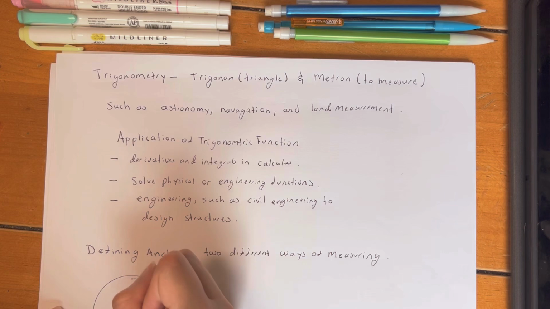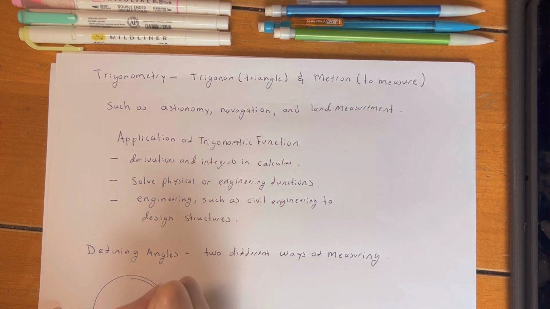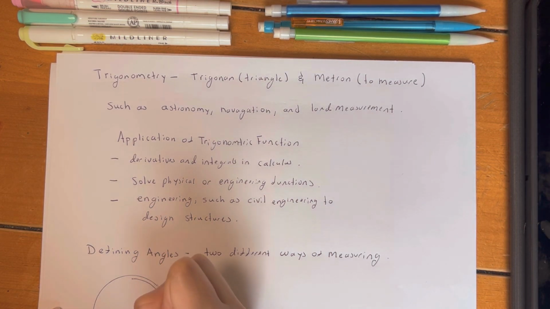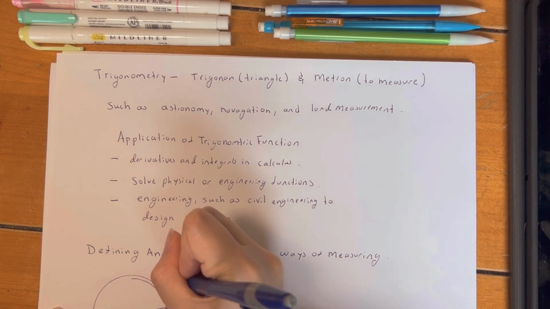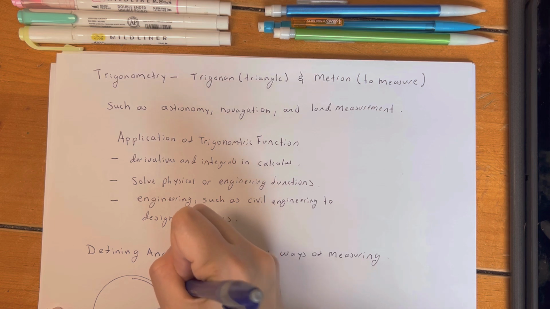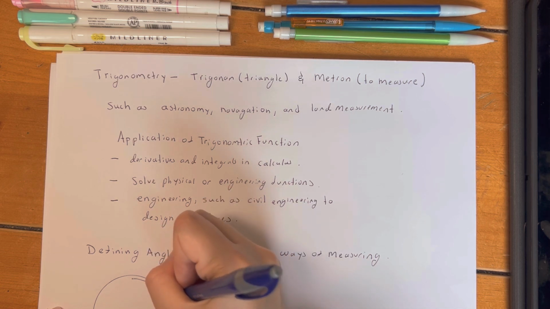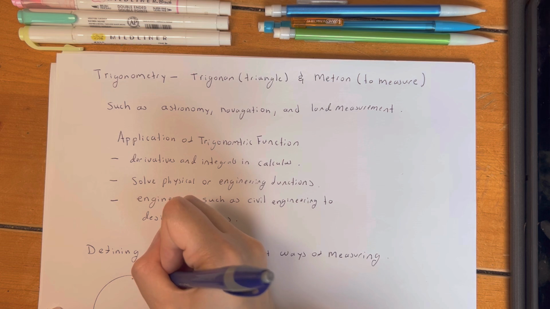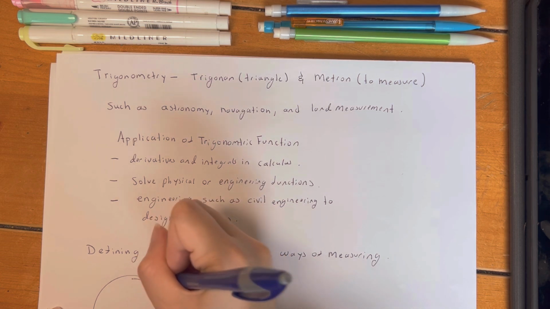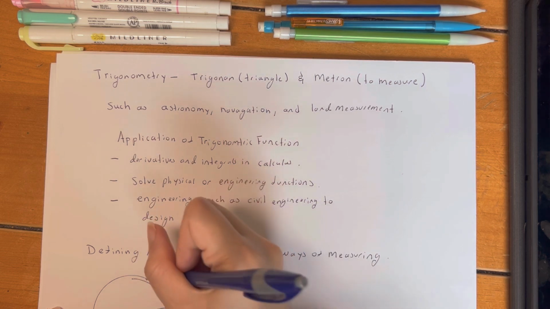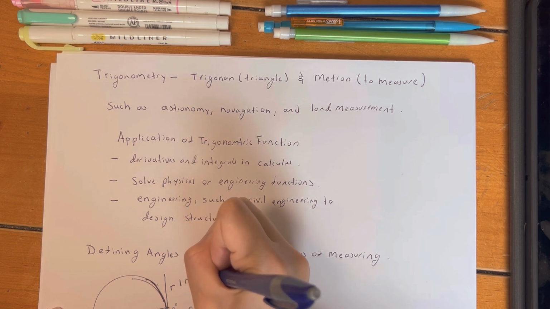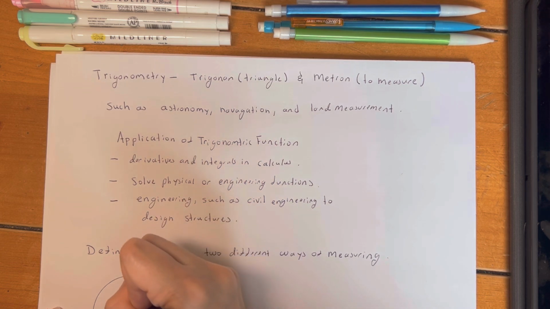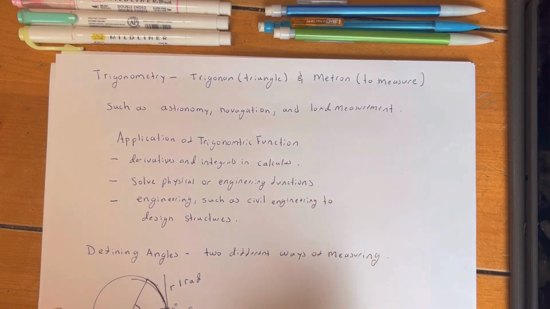We've learned that this here is a radius. Let's say this is a string and we wrap it around the circle. We find out that this angle here is 1 radian.